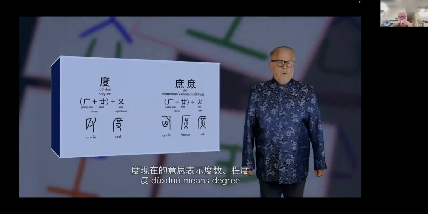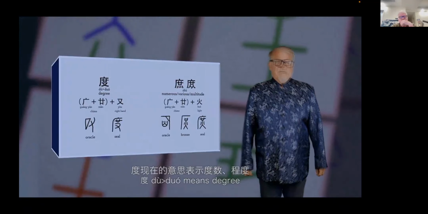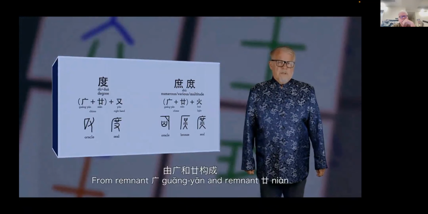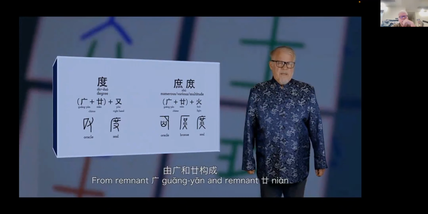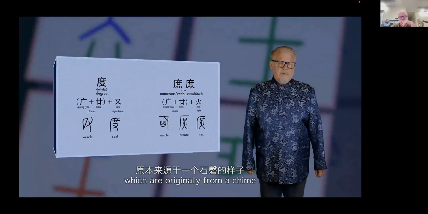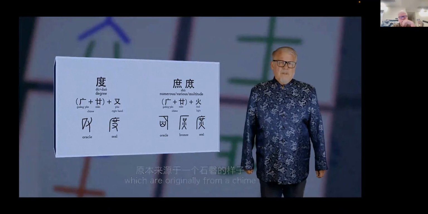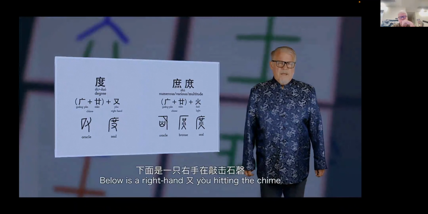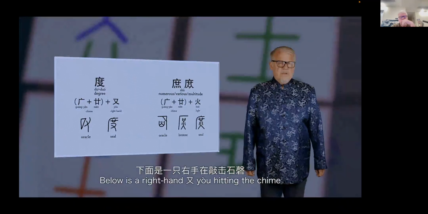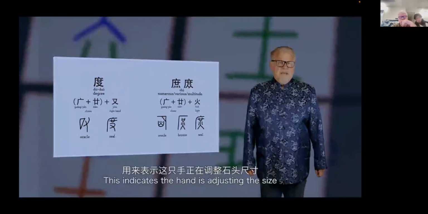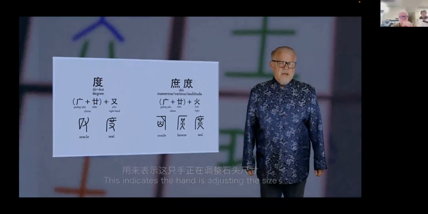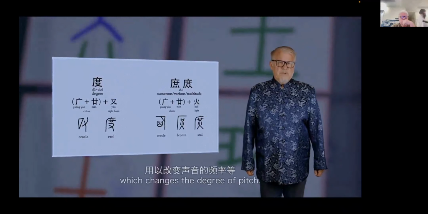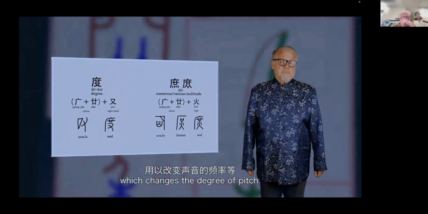Du, or duo, means degree, from remnant guang, or yen, and remnant nian, which are originally from a chime. Below is a right hand, yo, hitting the chime. This indicates the hand is adjusting the size and shape of the rock, which changes the degree of pitch.